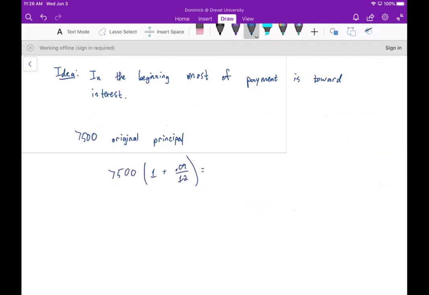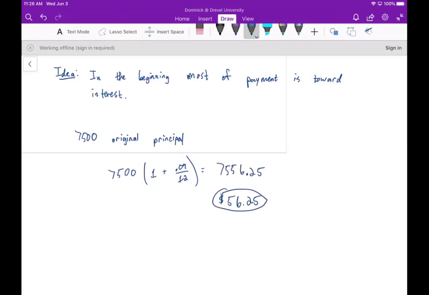And then that will give me how much interest I would accumulate in the first month, right? So then this would give me, let's see, 7,500 times 1 plus 0.09 divided by 12. And that will give us that this will now go up to 7,556.25. So we've accumulated $56.25 in interest.